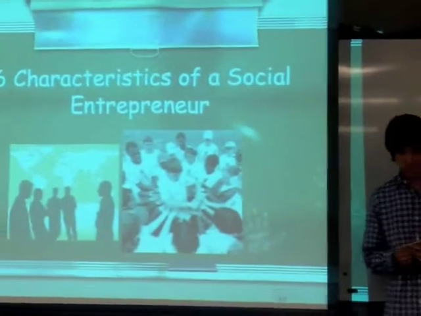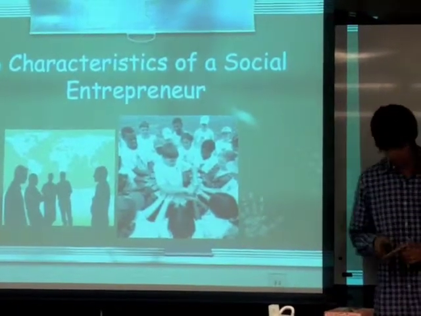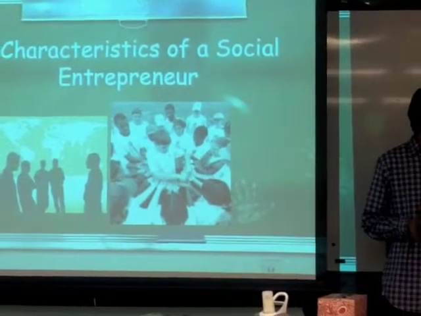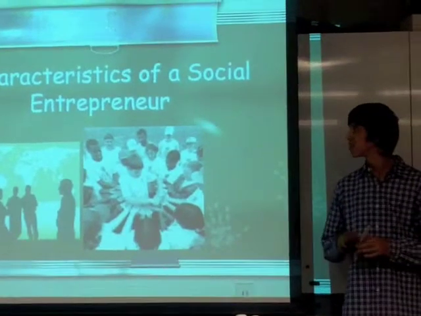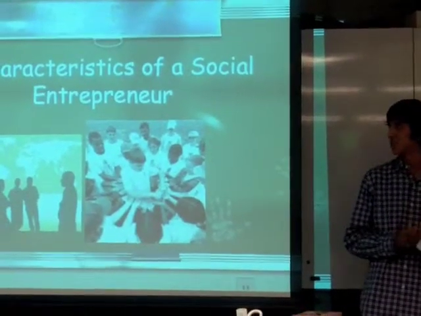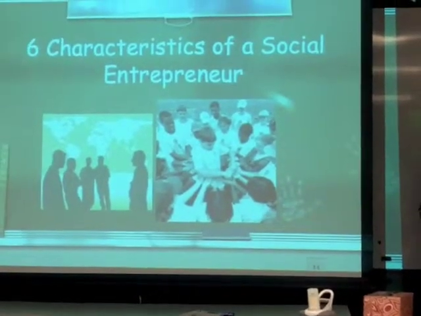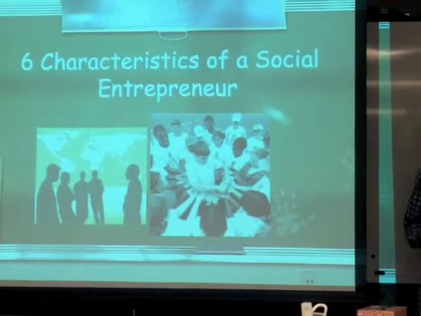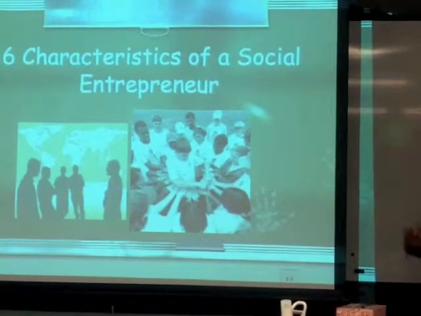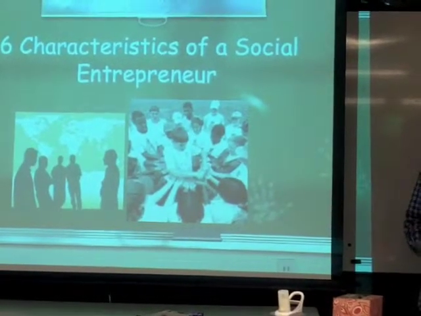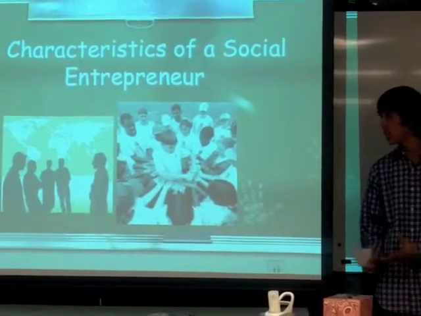For my second concept are the 6 characteristics of a social entrepreneur. The first one is strong ethical empathy. So, a social entrepreneur, first of all, is a person that takes action, or that wants to take action to benefit our community and finds a cause or an issue in the community and wants to address it.